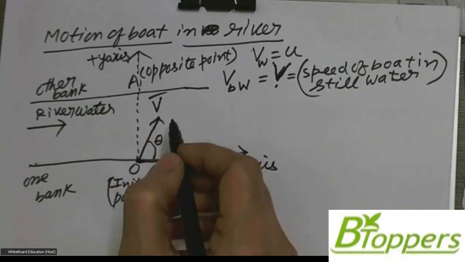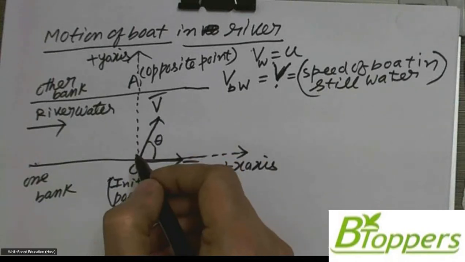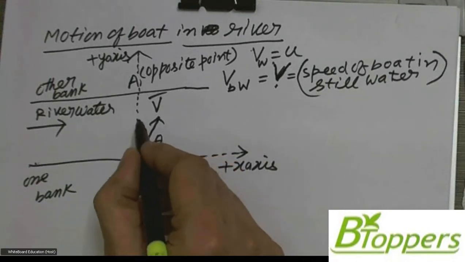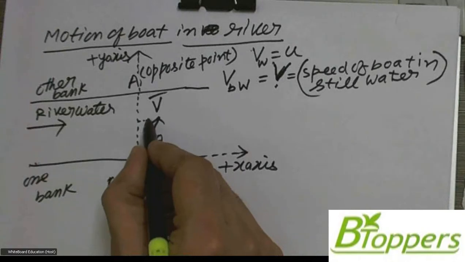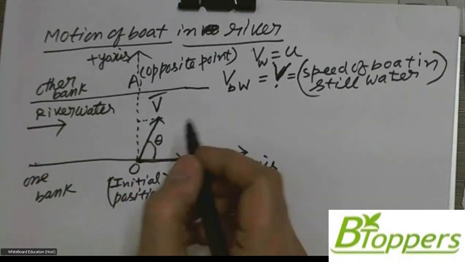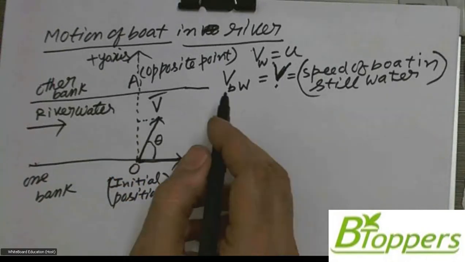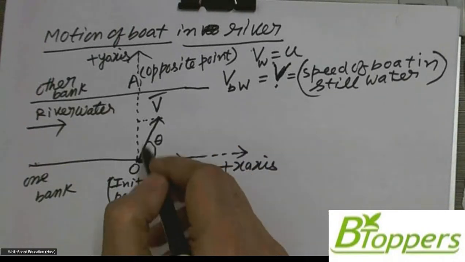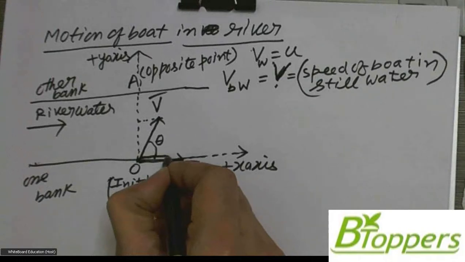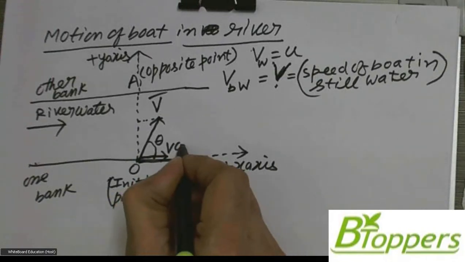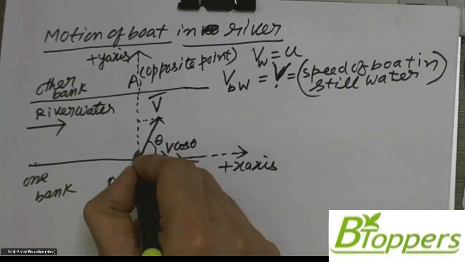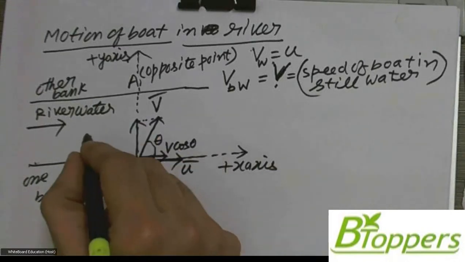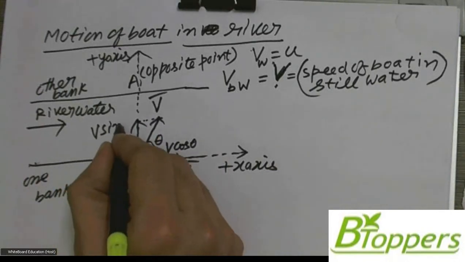So you can resolve this V bar into rectangular components parallel to the x and y axes. The x component of the velocity can be written as V cos theta, the other component will be V sin theta.